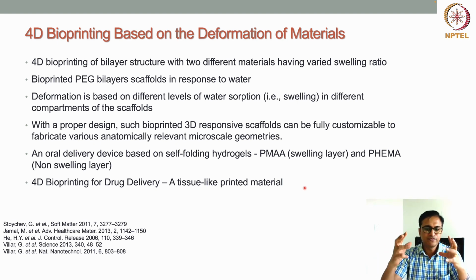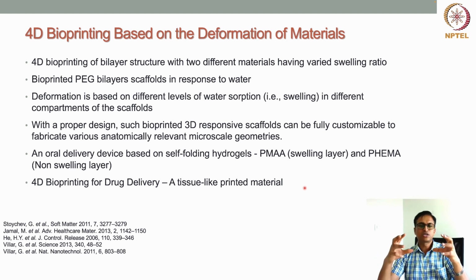Now, if there is a different salt concentration between these two droplets, what will happen? Due to osmosis, water will go from the low salt concentration droplet to the high salt concentration droplet, right?